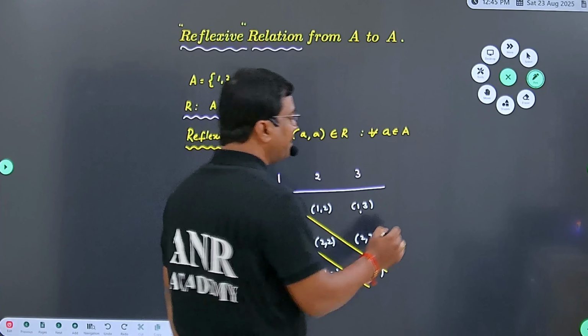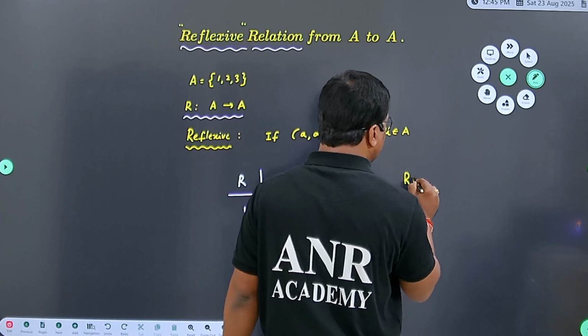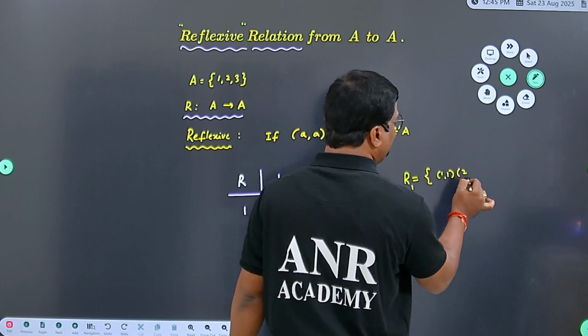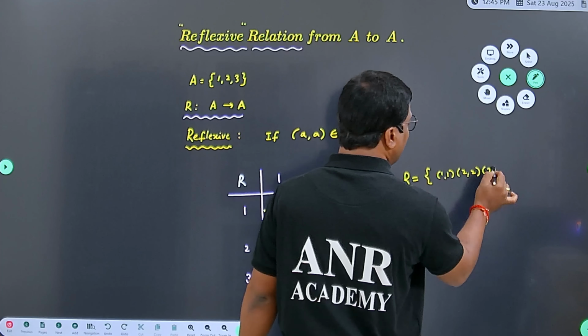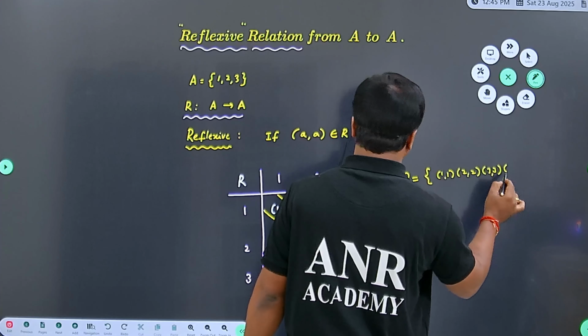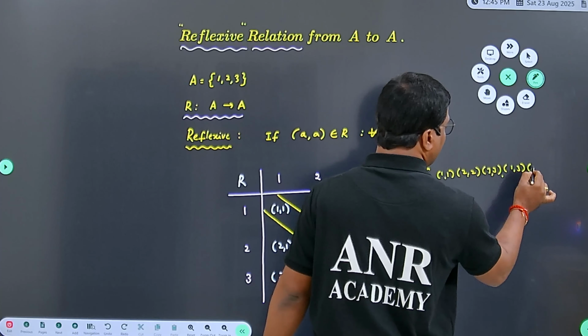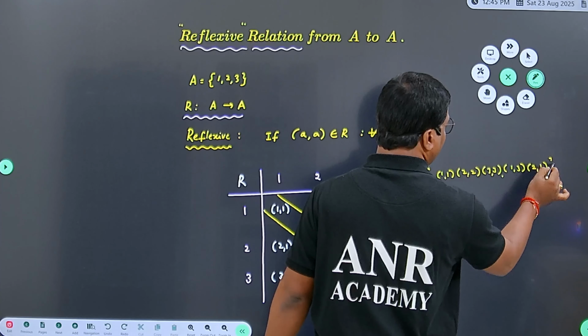For example, I am going to write a relation here, R1, containing entries (1, 1), (2, 2), (3, 3), and I am going to write (1, 3), (2, 1).